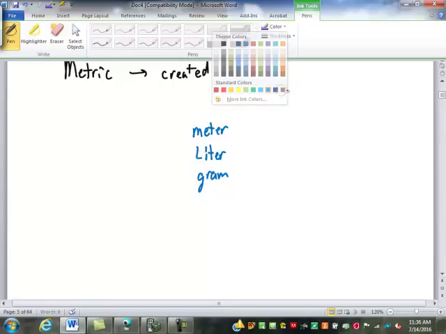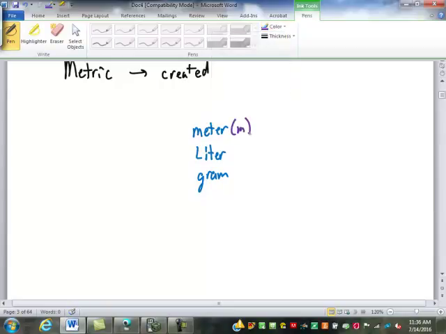The abbreviation for meter is just a small m. For liter, I was always taught capital L, because back when I was learning the metric system in the 80s, on most typewriters the small L and the number 1 were identical. So if you had this written, is that 91 or is it 9 liters?